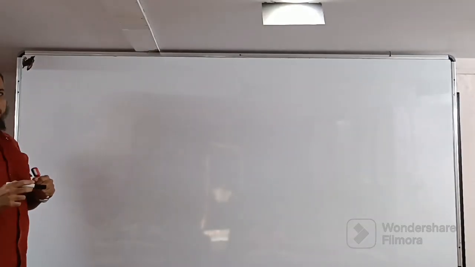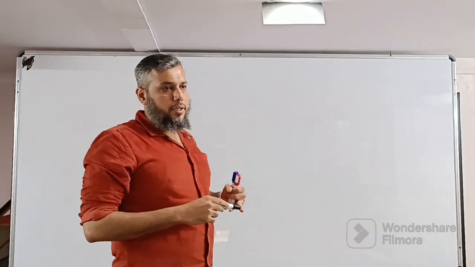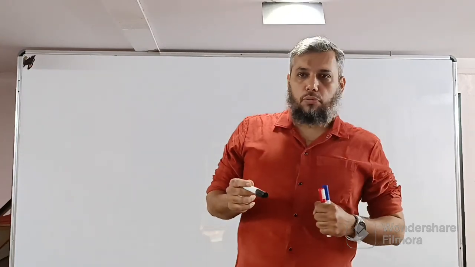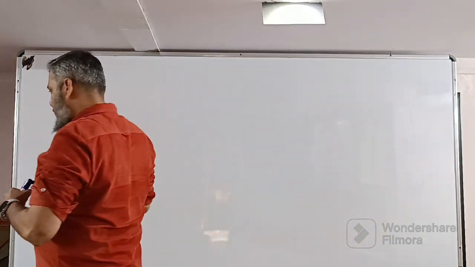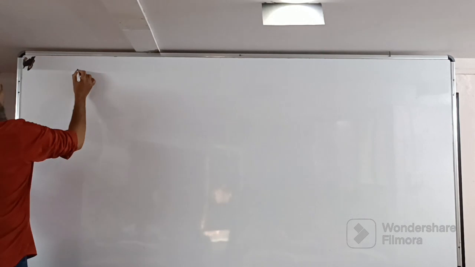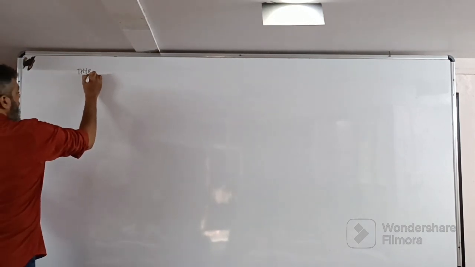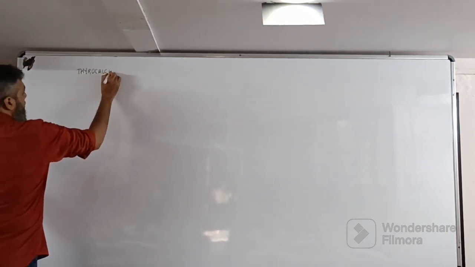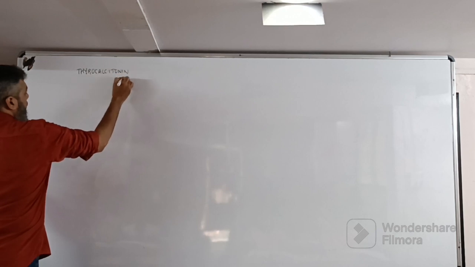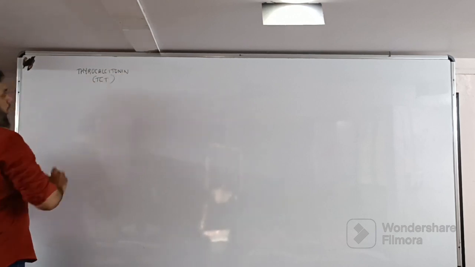So after the functions of T3 and T4, we move on to which hormone? TCD. What is the full form of TCD, बच्चे लोग? It is thyrocalcitonin. That is TCD. Thyrocalcitonin. Right? Yes, Omkar, who secretes thyrocalcitonin?